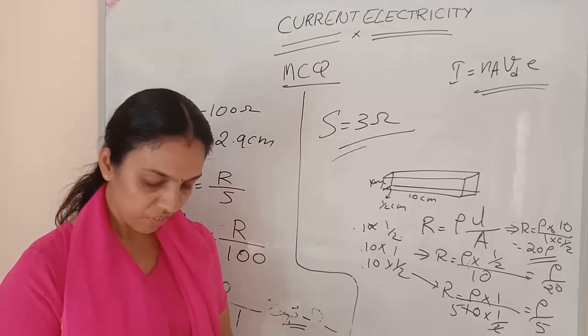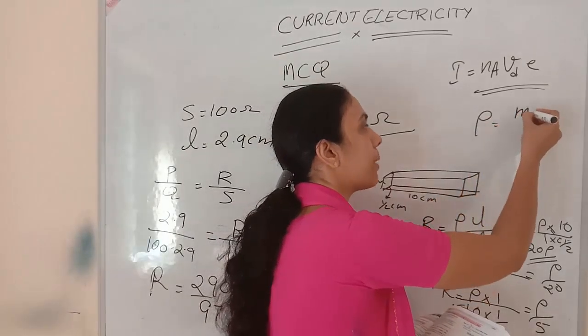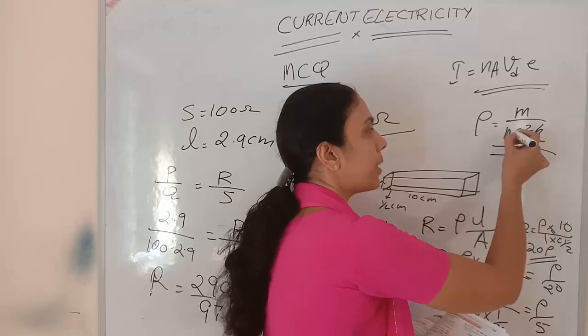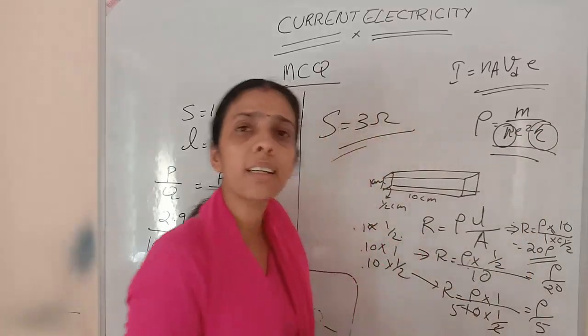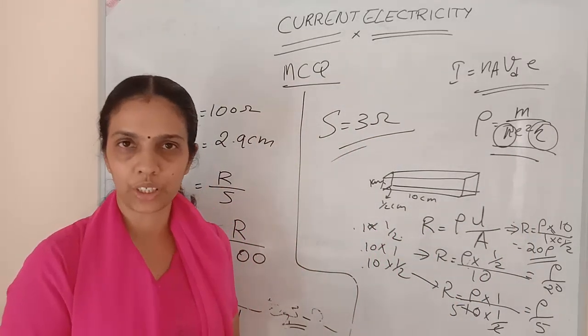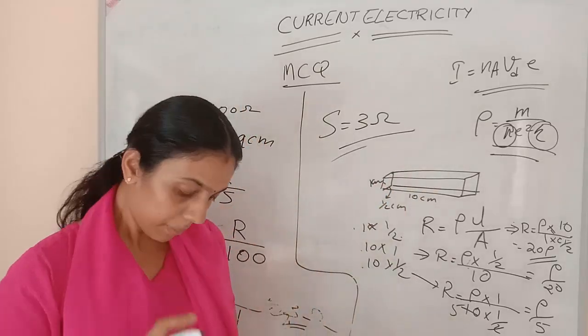Temperature dependence of resistivity: resistivity rho equals m by n e squared tau. So it depends on the number density and the collision time, the relaxation time, right? So it depends on number density.